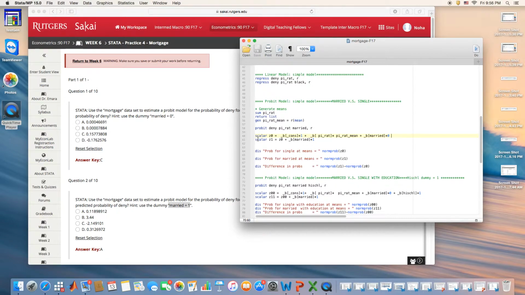So you go to scalar, and then what you're going to change is, of course, you're going to have the same Z0 that you used before, but the only change is this coefficient is going to be multiplied times 1. Of course, when it's multiplied times 0, it's not there. But if you want to make it appear, then multiply it times 1.